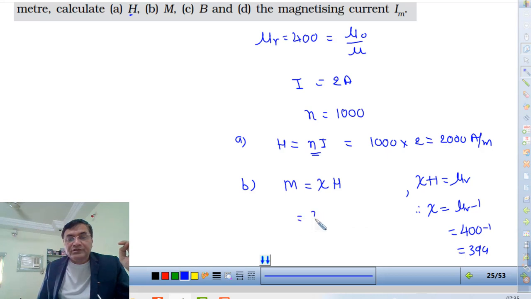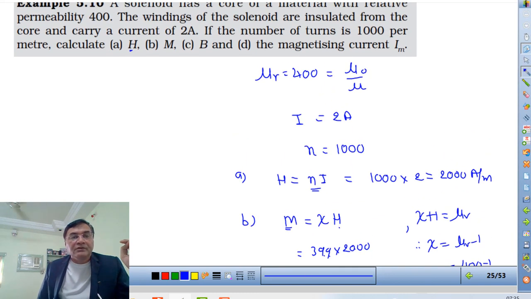So we put this 399 into H, that is 2000. We can take it roughly as 400, so 4 into 2 is 8, and so on. What is the unit? Okay, ampere per meter. Whatever the unit of H, same unit of M. Okay, so we got M.